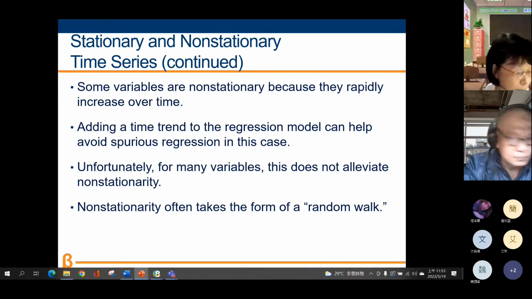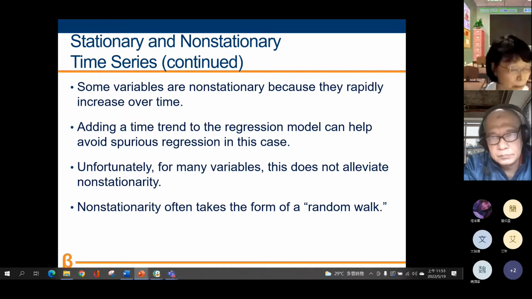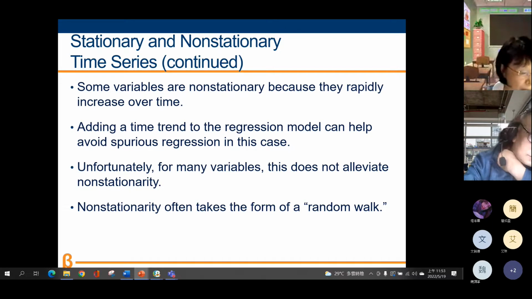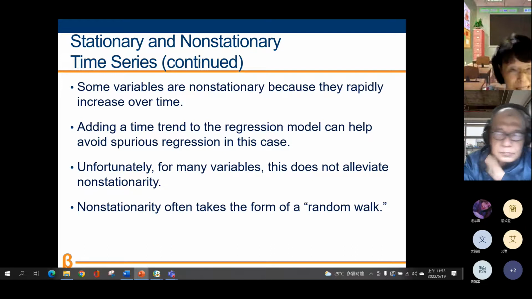But we cannot always do this. Unfortunately, many economic time series variables are non-stationary even after the removal of the time trend. In that case, the time trend cannot alleviate the non-stationarity.